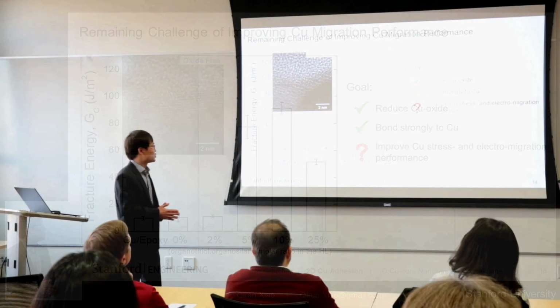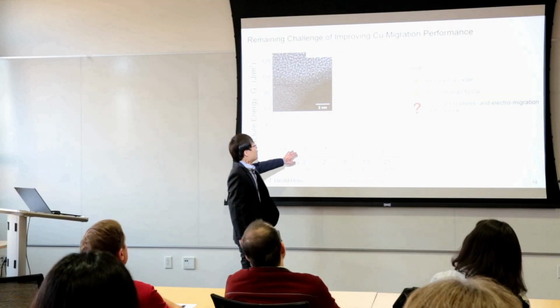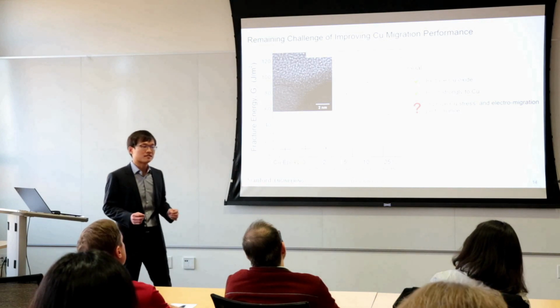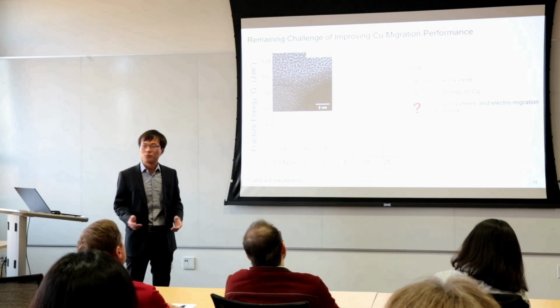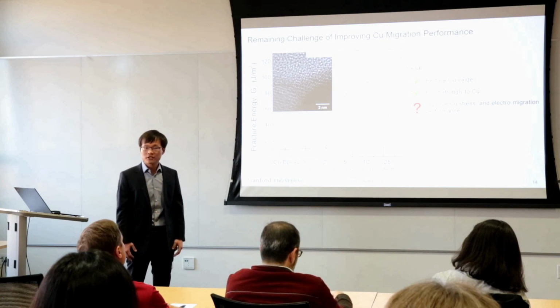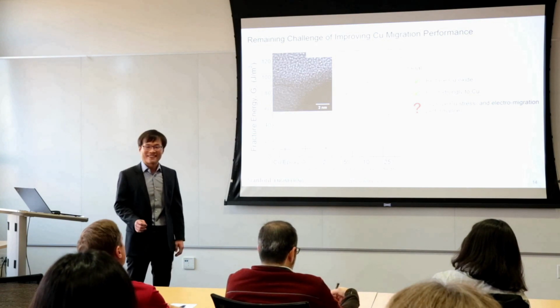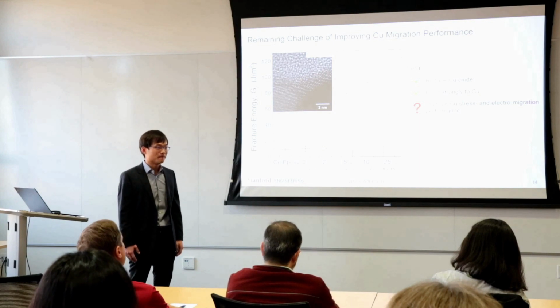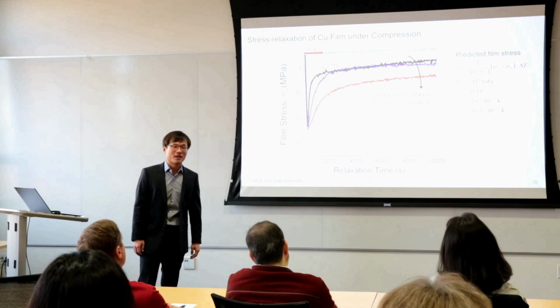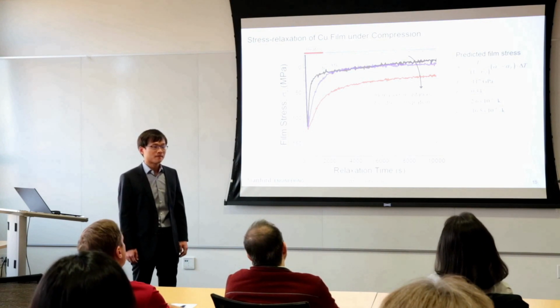Now that we have achieved high performance adhesion, achieved copper oxide reduction, we wonder whether the same hybrid layer strategy can bring about an improved copper stress and electron migration performance as well. And to quantify that, we performed copper stress relaxation experiment.